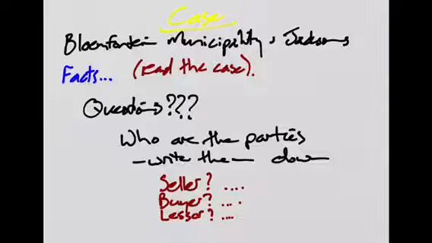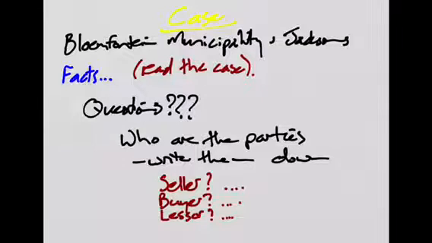I would like for you to now take a look at the case of Bloemfontein Municipality versus Jacksons. Of course, first read the case. Go on, do it. I'll be waiting here for you.